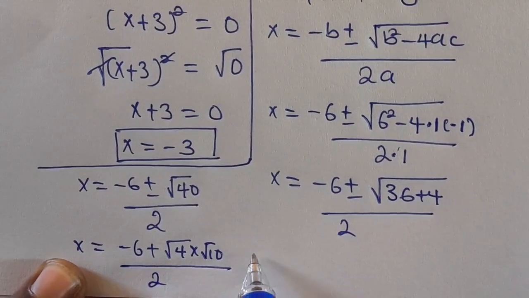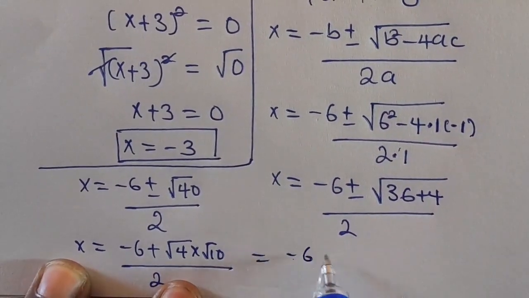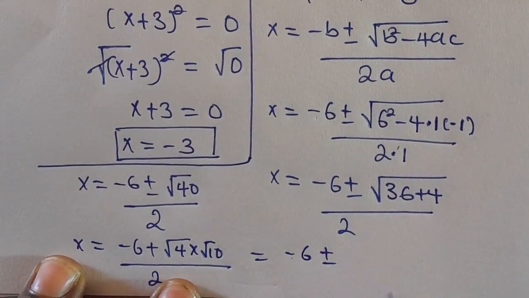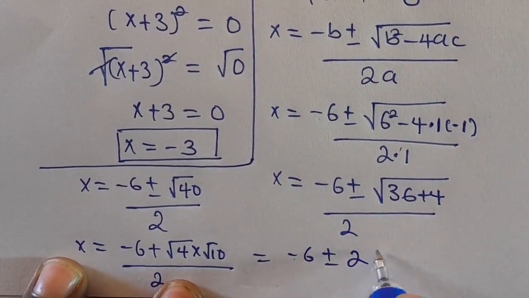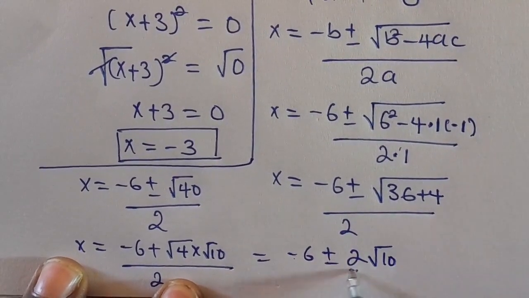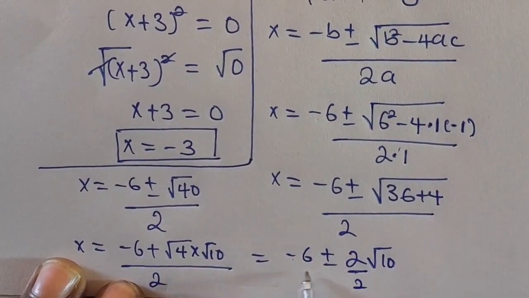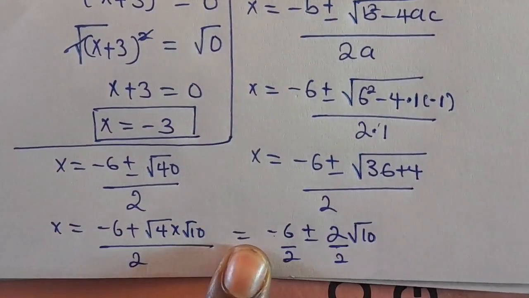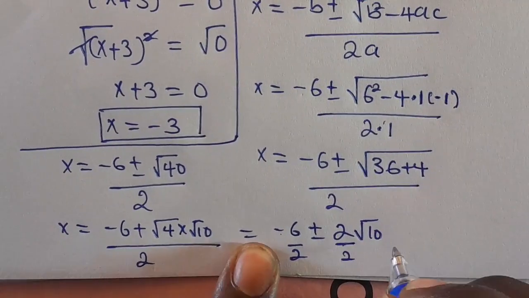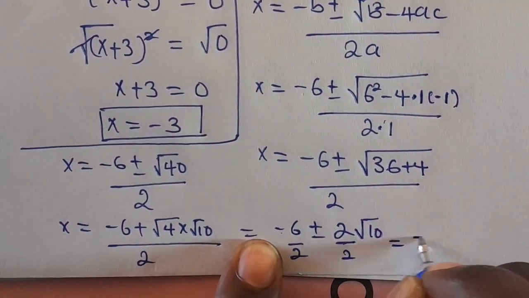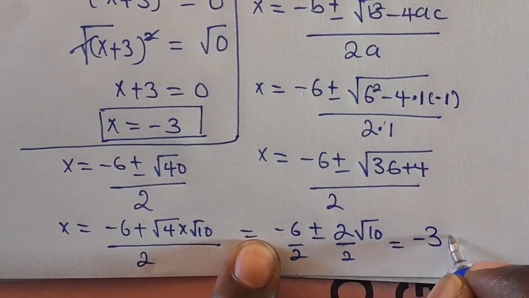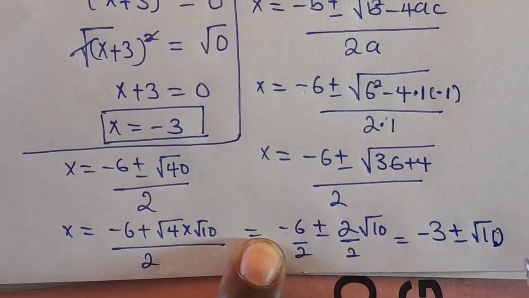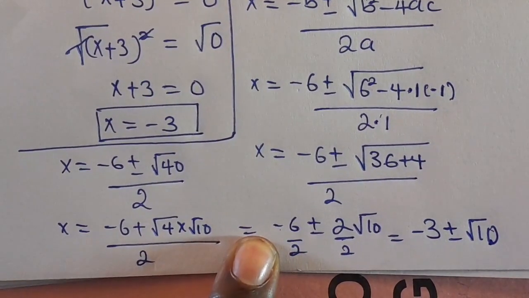The square root of 4 gives us 2, then root 10, and dividing 2 by 2, we have the value of x equals minus 3 positive or negative root 10. This is the second real solution.